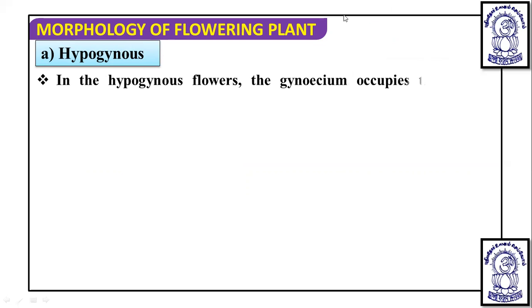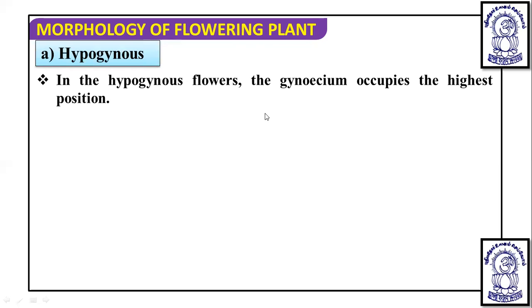In the hypogynous flower, dear student, hypo means lower. Means the calyx, corolla, and androecium are located at a lower position compared to the gynoecium or ovary. Means the ovary is going to occupy the highest position.